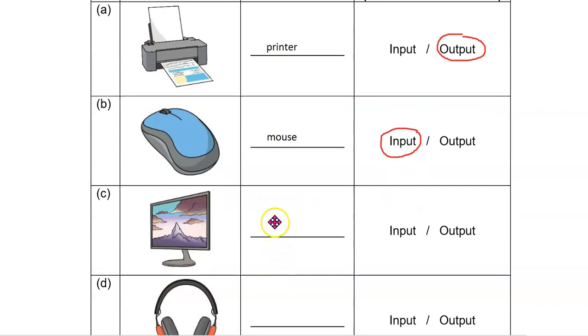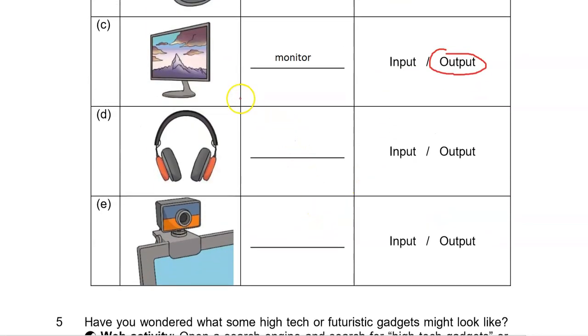Okay, part C, this is a monitor, and it is considered an output device. Okay, for part D, this is a pair of headphones, and because the music comes out, it is an output device.